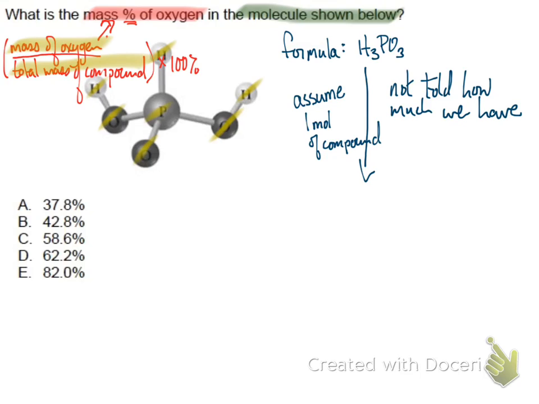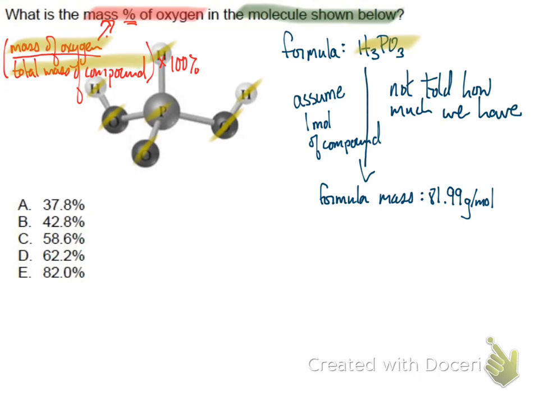How do we figure out how much mass is 1 mole of compound? Well, we use the formula to determine the molar weight, right? And so what we have here is that the formula weight, or the formula mass, is just going to be the sum of adding up 3 hydrogens, a phosphorus, and 3 oxygens. And when we add up the total mass of that, what we're going to end up with is 81.99 grams per mole.